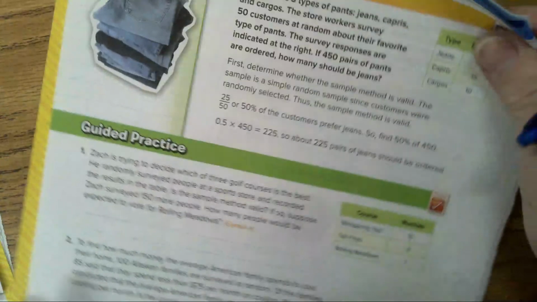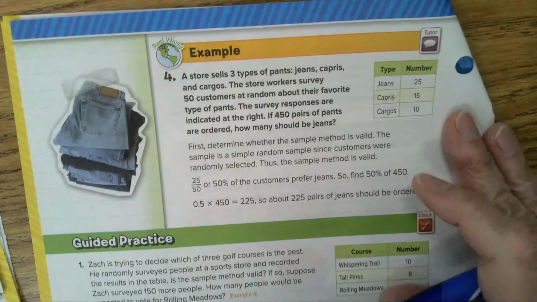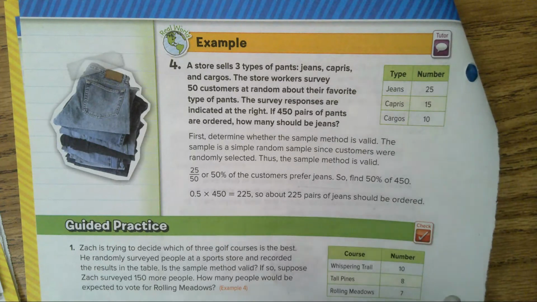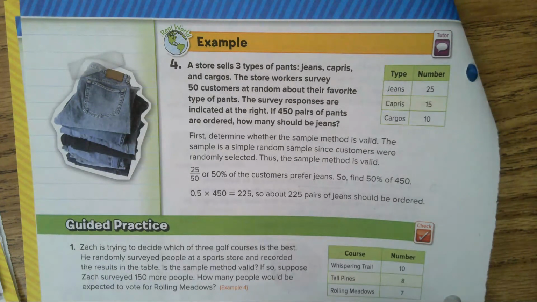Now let's go to page 804. Let's look at this store here. A store sells 3 types of pants: jeans, capris, and cargos. Now, the store workers survey 50 customers at random about their favorite type of pants. Since this is a store that sells different types of pants, it's probably going to be pretty good, because of what they're selling.